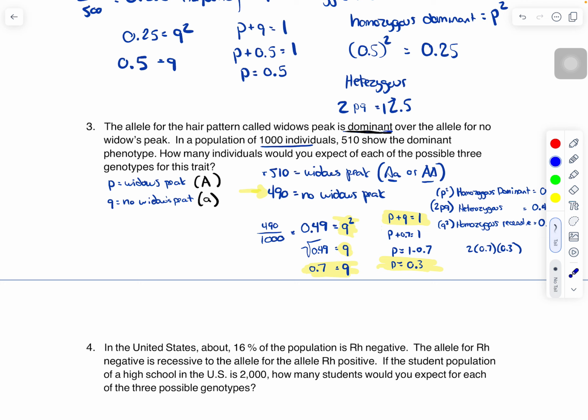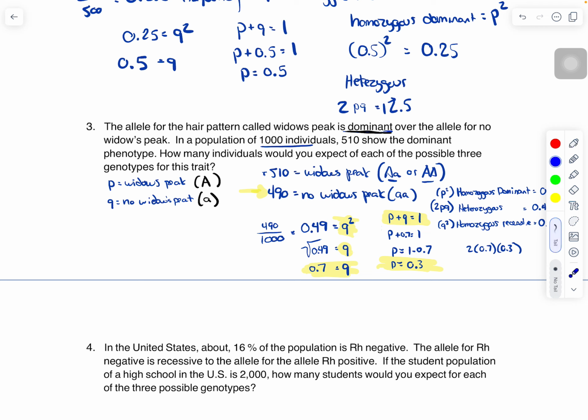So we can't figure out what p or q are from this. But what we can assume, because we have either widow's peak or no widow's peak, is that 490, that's 1,000 minus 510 equals 490, has no widow's peak. Now we know that no widow's peak is qq, and in this case, no widow's peak is little a, that's the only option.